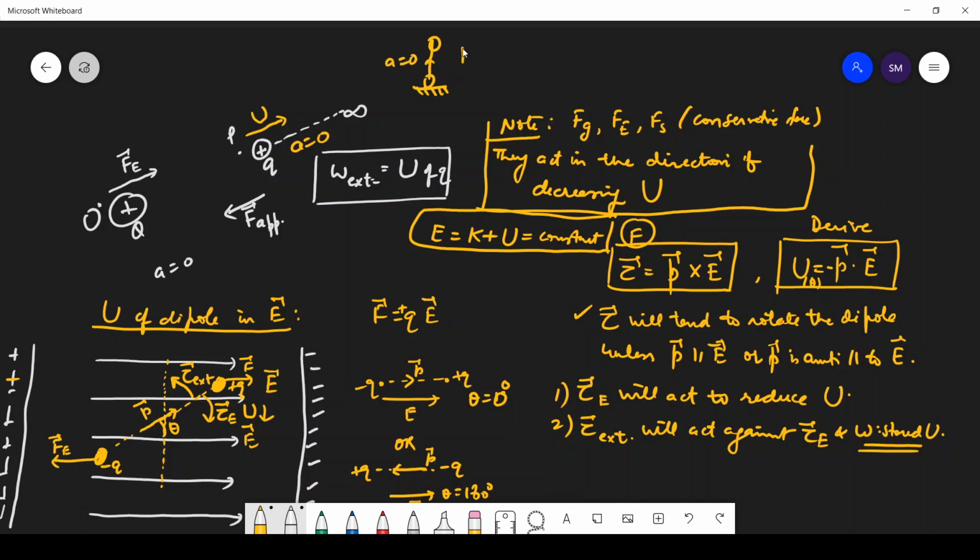Acceleration equal to 0 means F external must be equal and opposite to the gravitational force. Then the work done by the external force will be stored in the form of potential energy of the ball, and that is equal to mgh if this height is h.